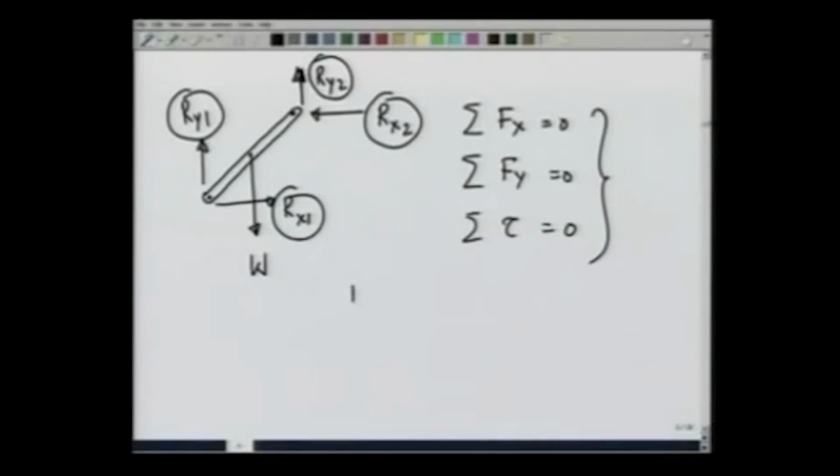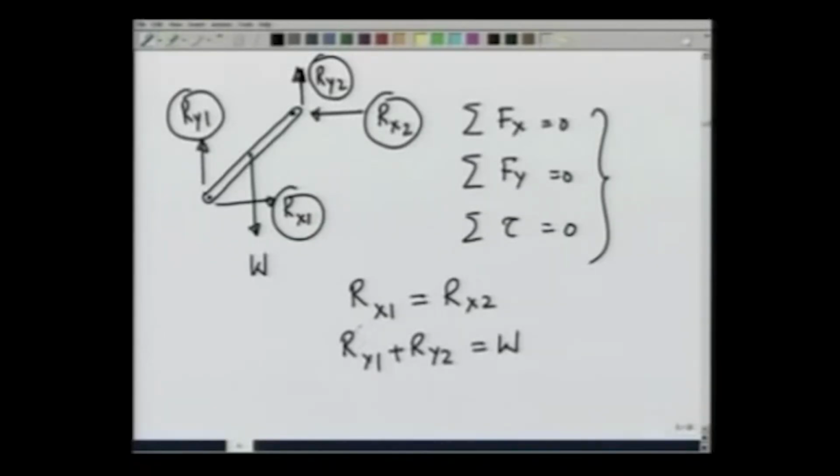The conditions I get are that R x 1 is equal to R x 2 according to the way we have shown directions, R y 1 plus R y 2 equals the weight, and the third condition is the torque condition.